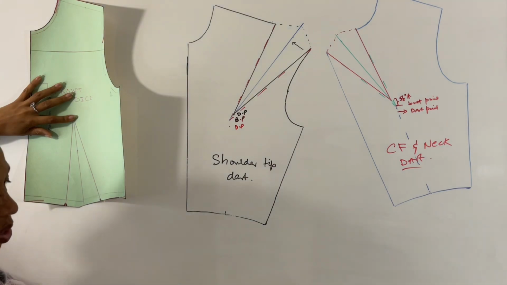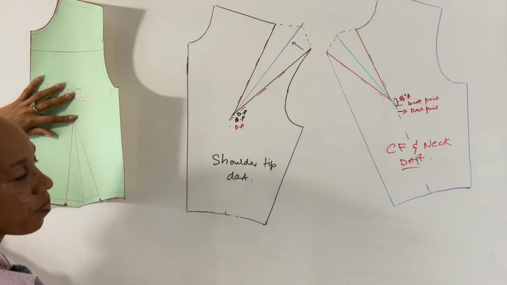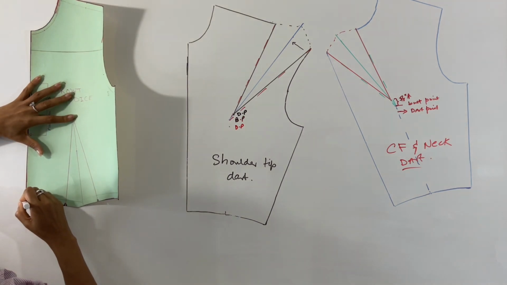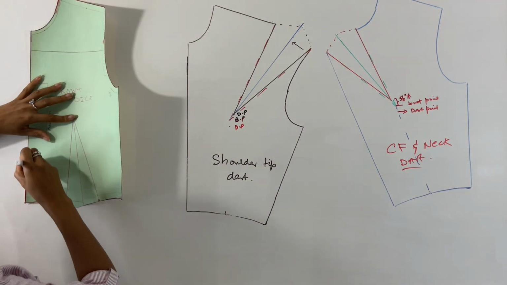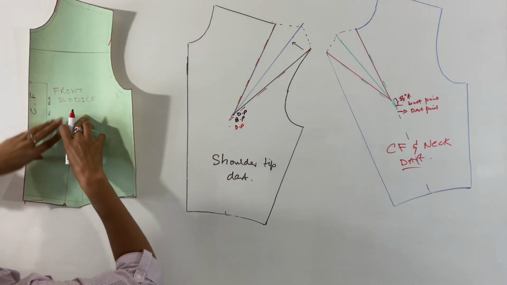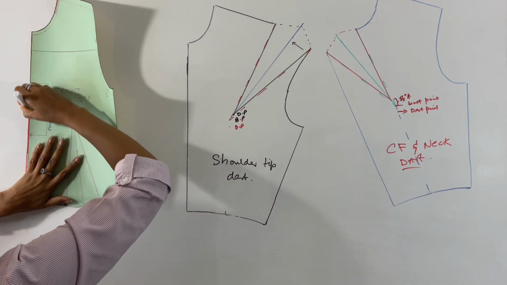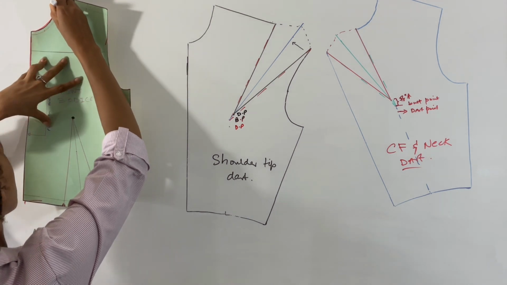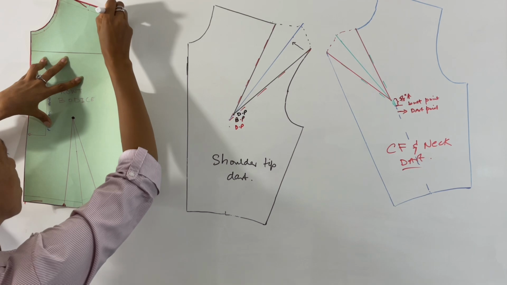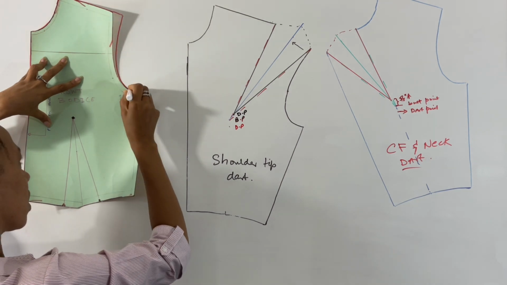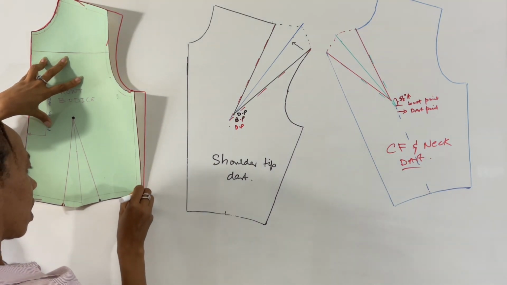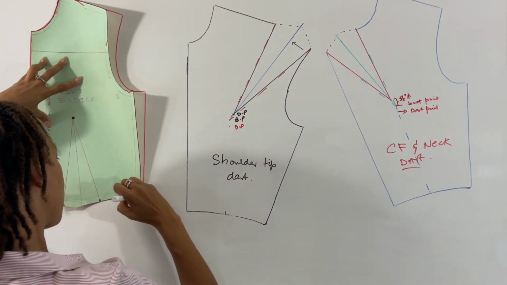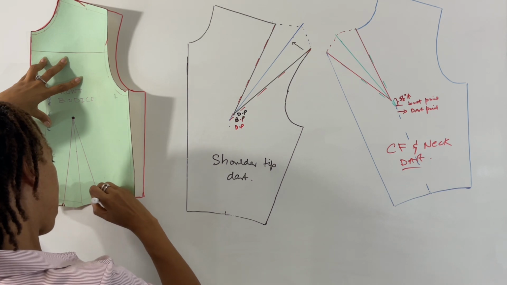Okay, so what we're going to do here, we're going to trace this one. So I'm going to trace from my center front and my waist where I need to shift and have that dart placed there. So I'm tracing all around. And I'm going to come up to here.